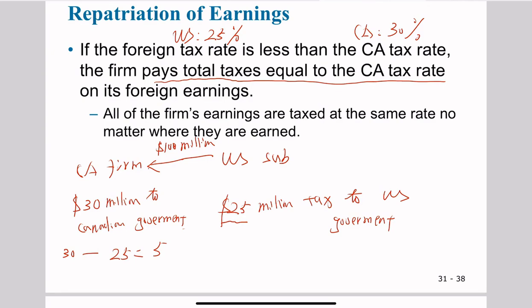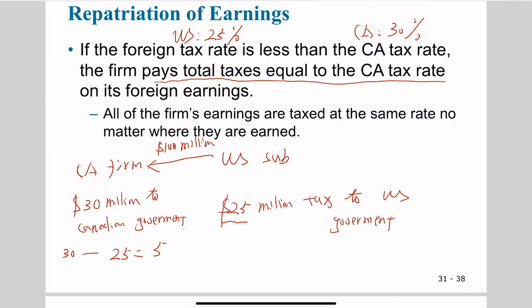So to summarize, if this Canadian firm repatriates $100 million from the US, it has to pay $25 million of tax to the US. And then it will get this $25 million as a tax credit when it is paying Canadian government taxes. And before the tax credit, the firm has to pay $30 million of tax.